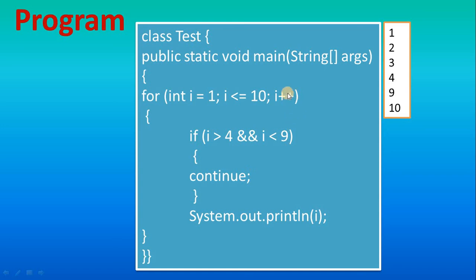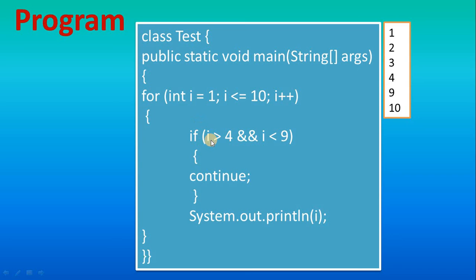Control will go to here. So the next value is 5, greater than 4 is true, and less than 9 is again true. So true means it will go to continue here, and then the next value is true. Again the condition is true, so one by one continue will be executed.